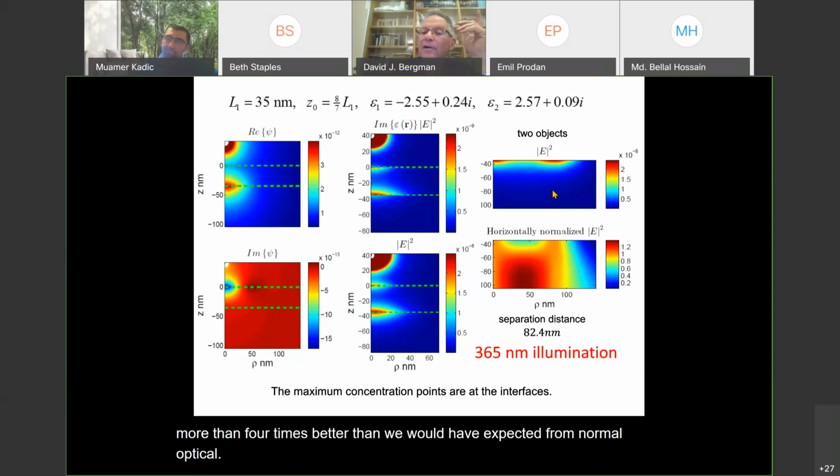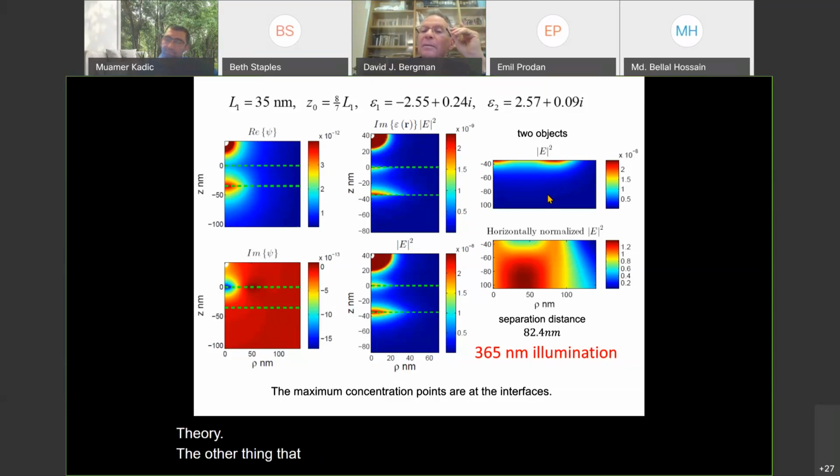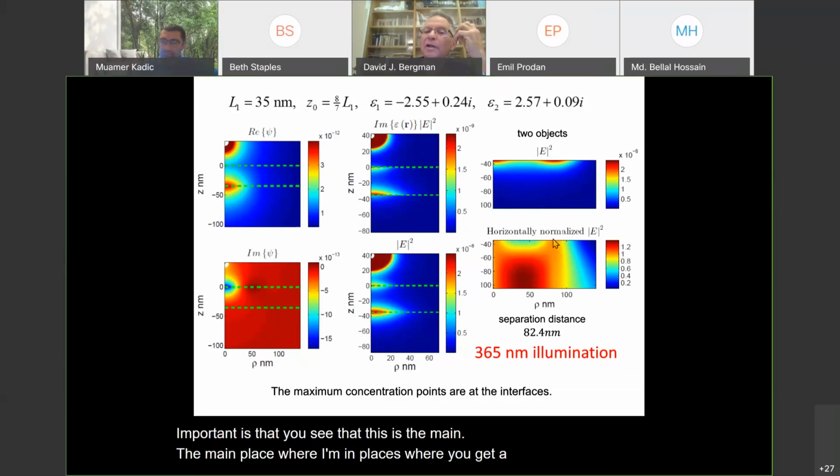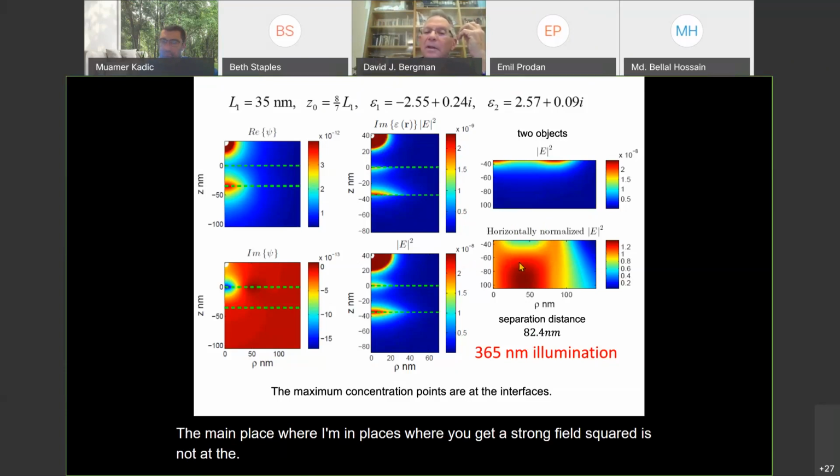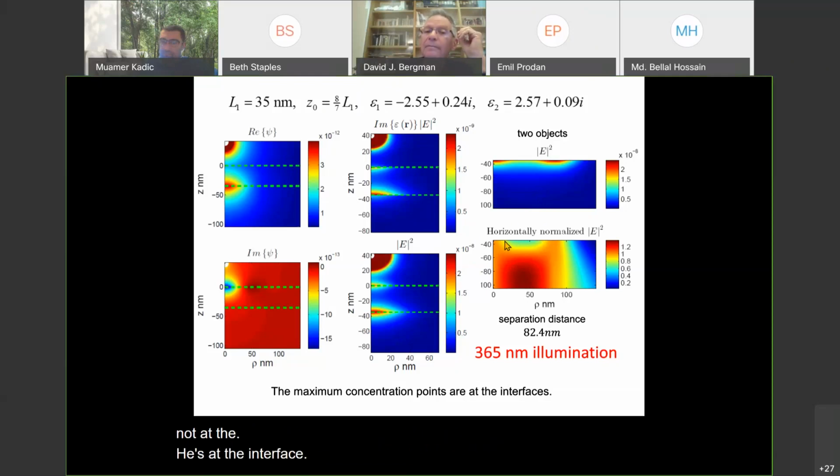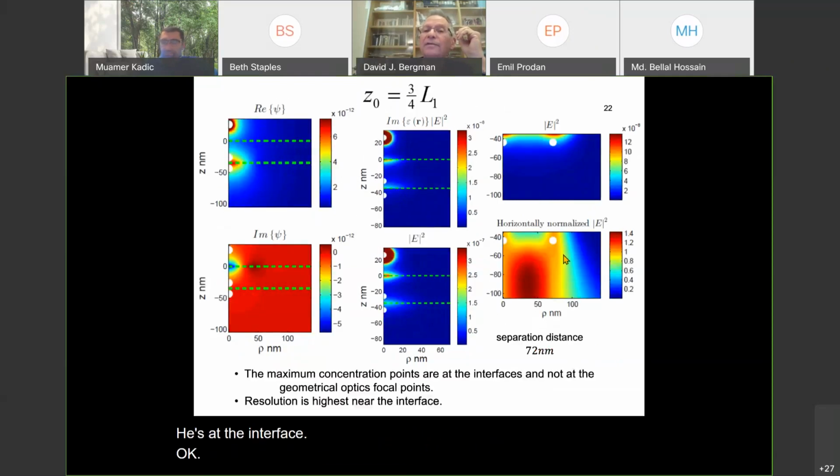The other thing that is important is that you see that the main place where you get a strong field squared is at the interface. Okay? Here's a slightly different case.